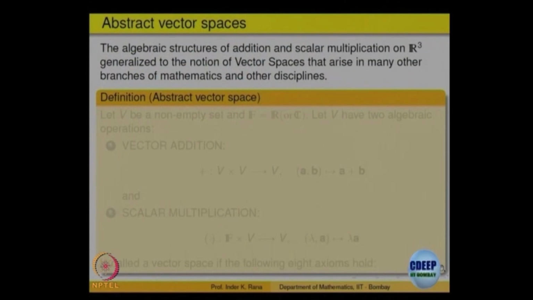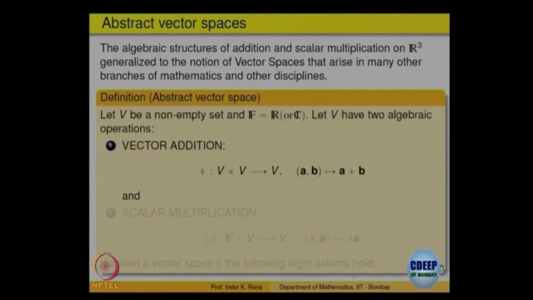So, let us begin with the structure called vector space. The prototype for a vector space is Rn, where there are vectors, you can add vectors, and you can scalar multiply vectors with various properties. A vector space V is a non-empty set, and we will denote by F the real numbers or the complex numbers.